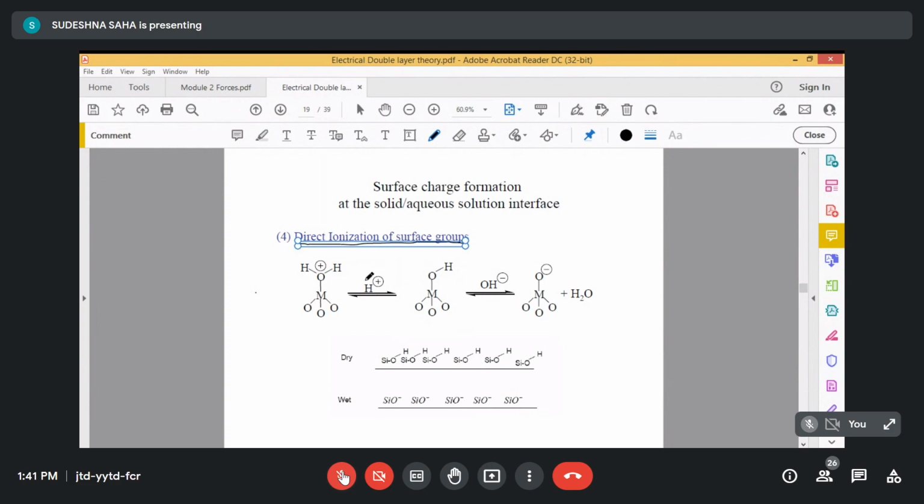Like this, H plus will get dissociated if you put it in water, then there might be a dissociation of OH minus group, and you will obtain this kind of surface group, having a charge on it. That is basically inside the aqueous medium.